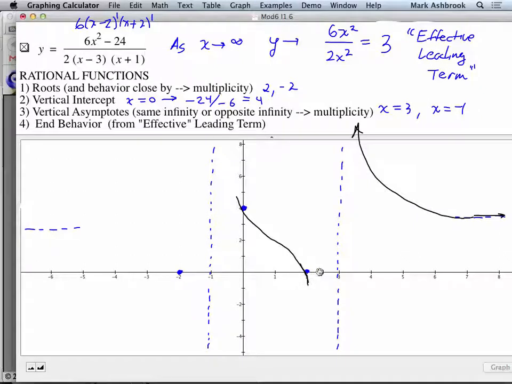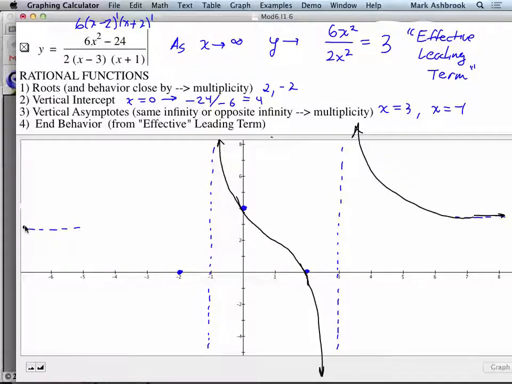Therefore, as we get close to 3 from the left, up to positive or down to negative? There's no root here. In order for it to go up to positive, there'd have to be a root here. It'd have to go through and come back. Same thing here, there's no root here. So when it goes through that y-intercept, then it has to go up to positive infinity.